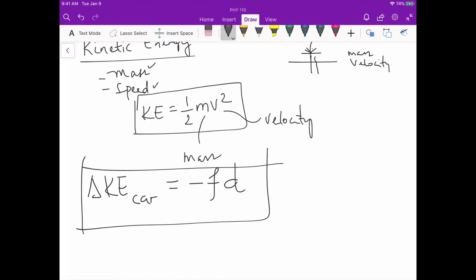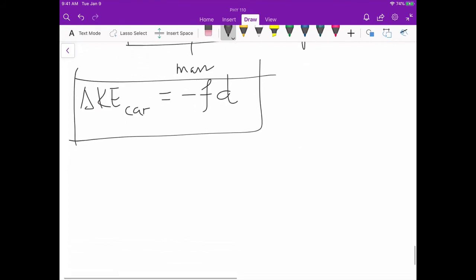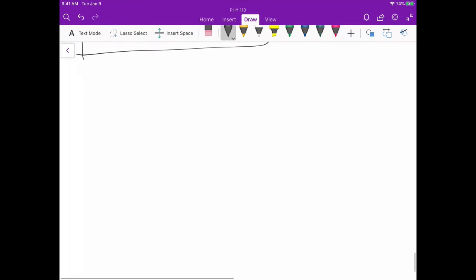E7 in the textbook states a 0.3 kilogram ball has a velocity of 20 meters per second. So E7 says 0.3 kilogram ball.